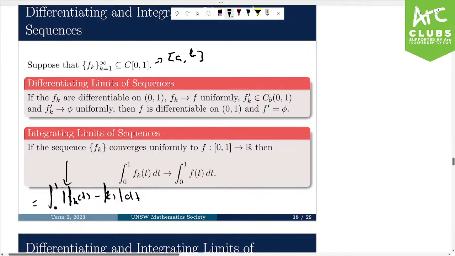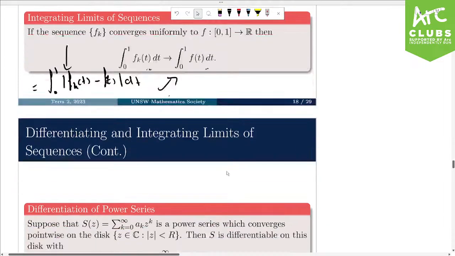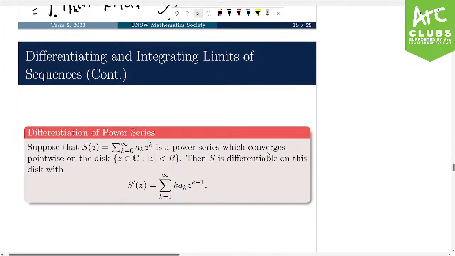And here that also implies, so from that we can conclude that this limit also holds. Okay, and the last theorem of this topic is about power series.